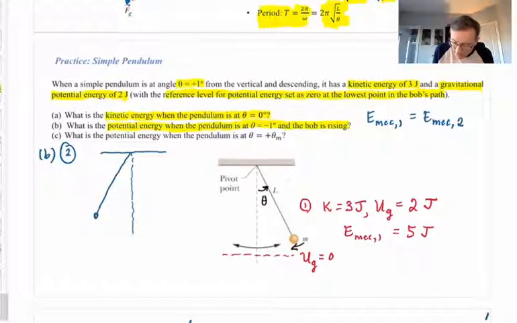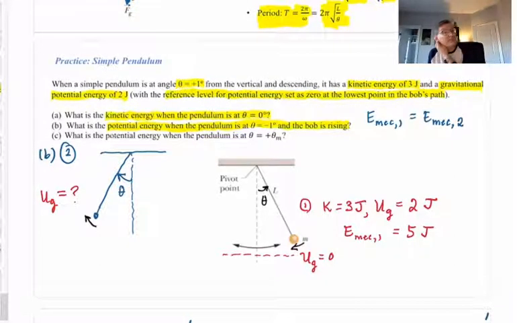And the angle going this way is the angle they're talking about, 1 degree clockwise. And it's rising, so it's swinging up that way. And they're asking me for U grav in that point. Okay? All right, the key thing is that that's still a theta of 1 degree.